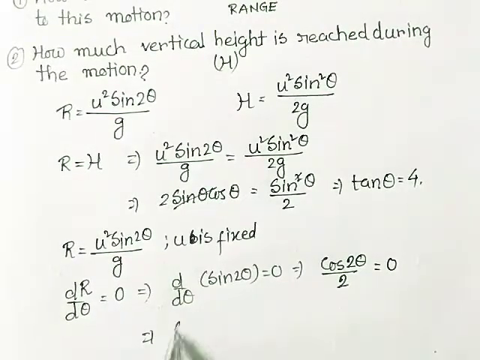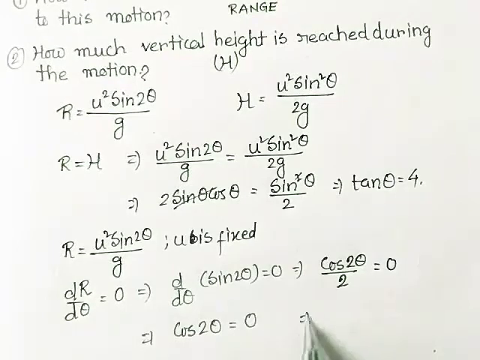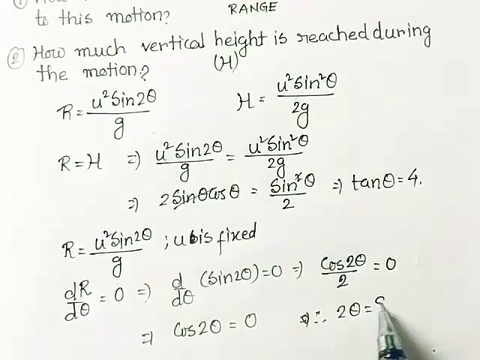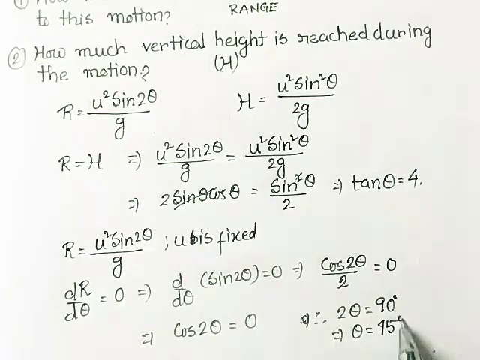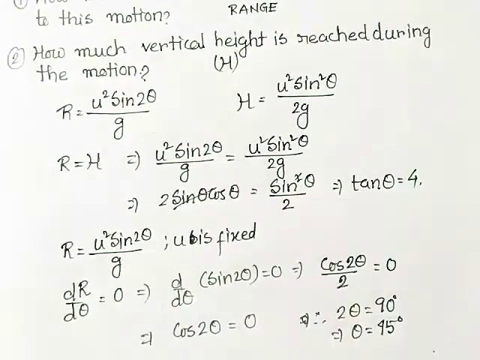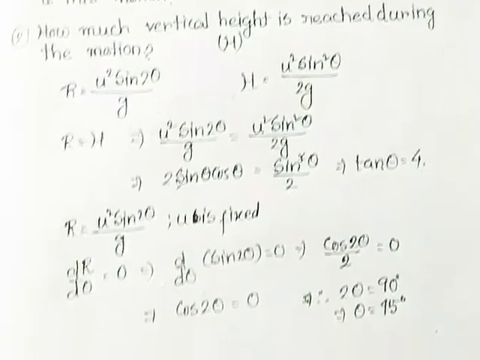So we can say cos 2 theta equal to 0. This gives us 2 theta equal to 90 degrees, because cos 90 degrees is 0, and it gives theta equal to 45 degrees. So when the projectile is fired at an angle of 45 degrees, we can cover the maximum horizontal range.